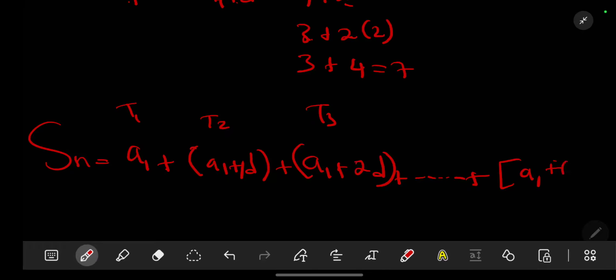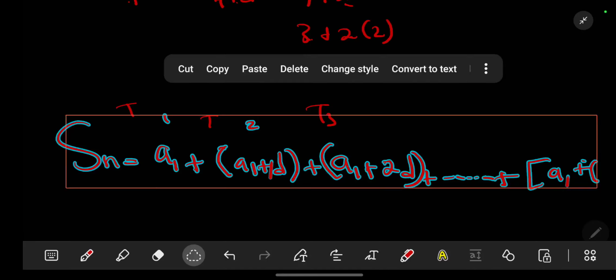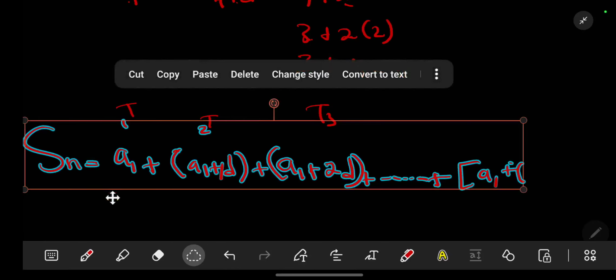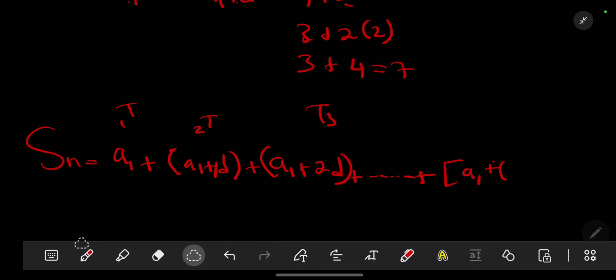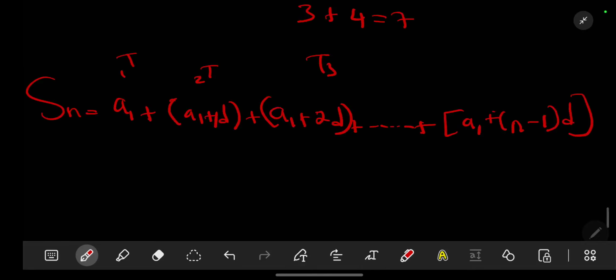So we are going to put our n minus 1, then times our D, like that. So this is what we have.